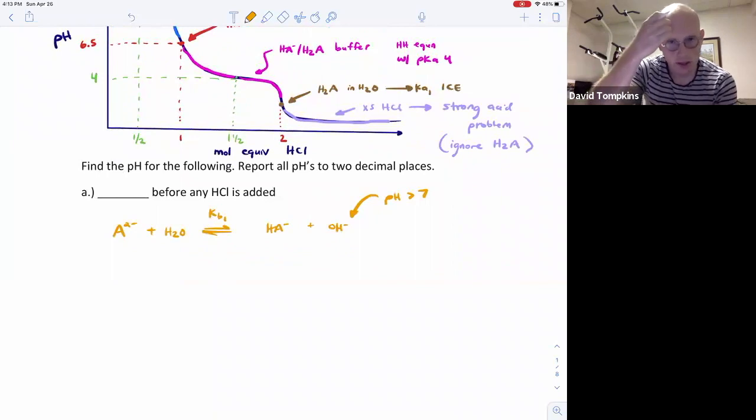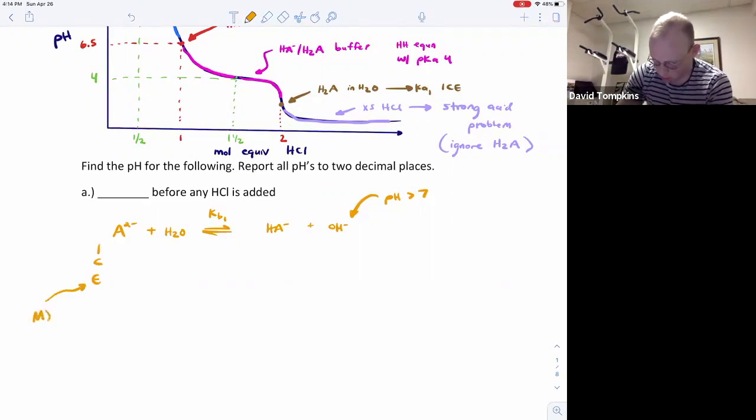Whenever you have two weak analytes, we know that because of the equilibrium arrow, it's an equilibrium table. And in that equilibrium table, we must always use molarity. Because molarity is the way that the equilibrium constant is defined, the concentration of products over reactants.